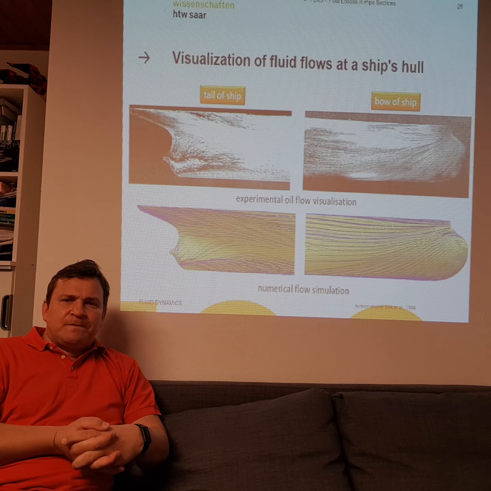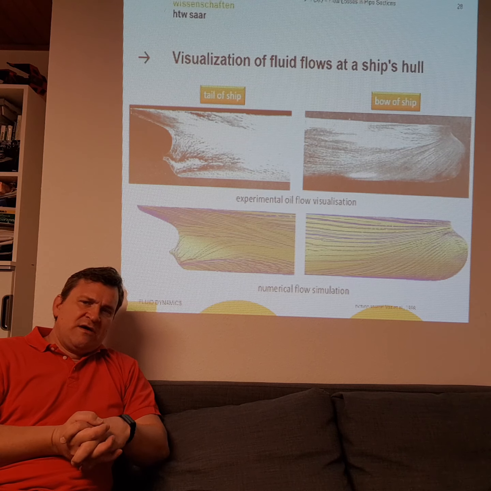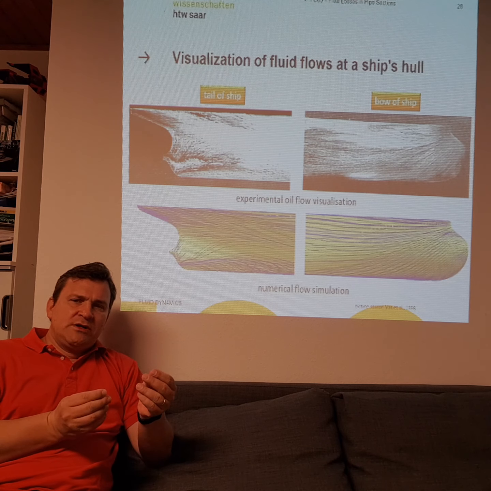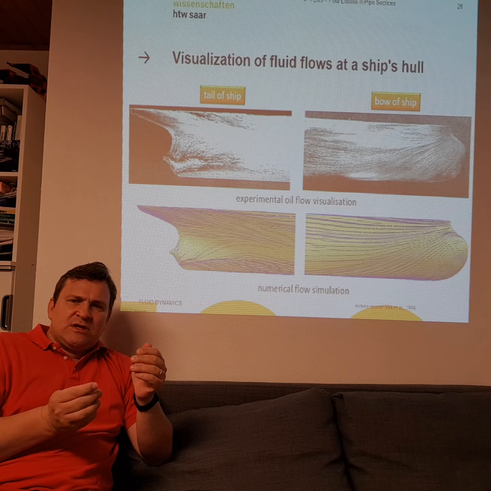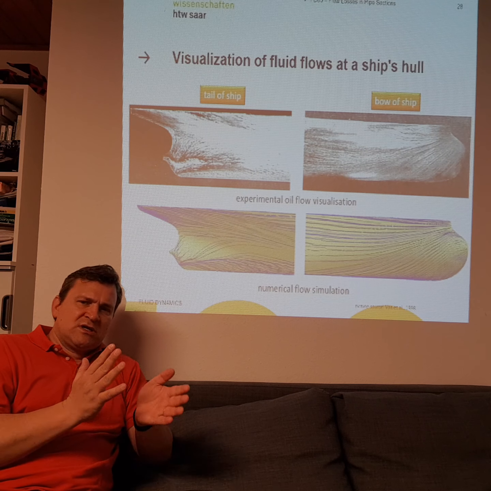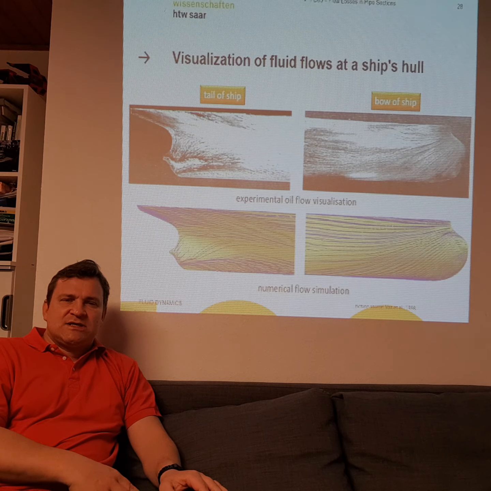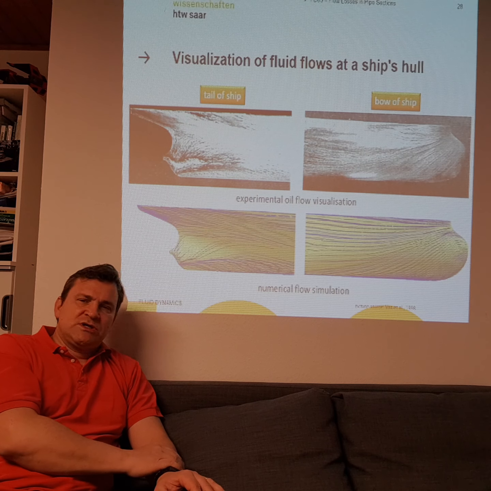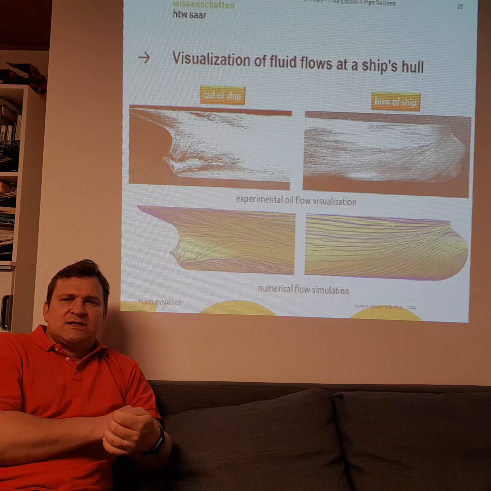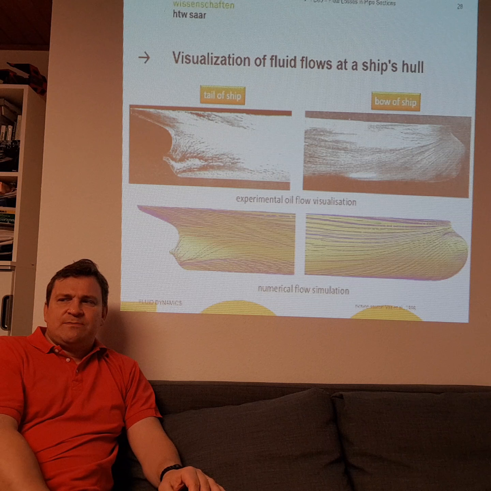To visualize the flow around the ships we can use a sophisticated method where we use oil: we put oil droplets or color mixed oil on the surface of the ship. Then as the ship moves through the water, the oil will be washed away a bit, and we get these characteristic streamlines on the body of the ship.